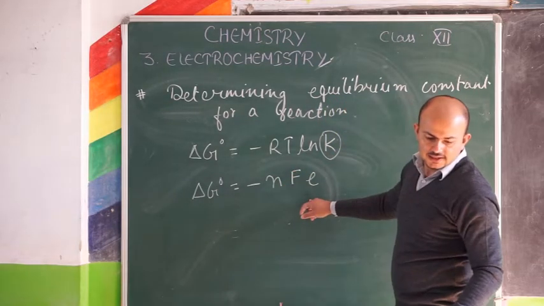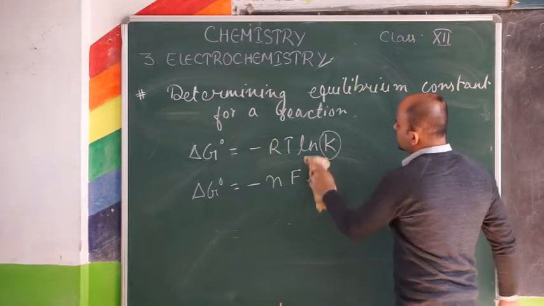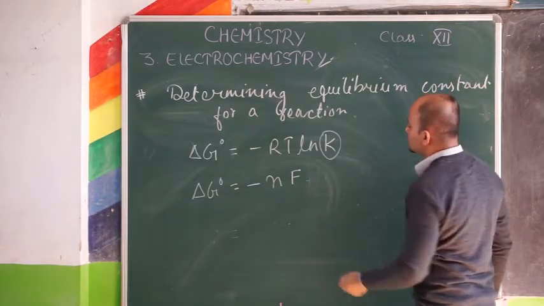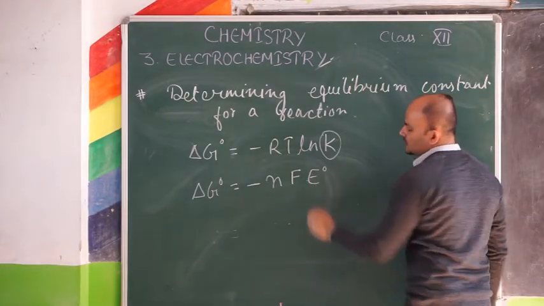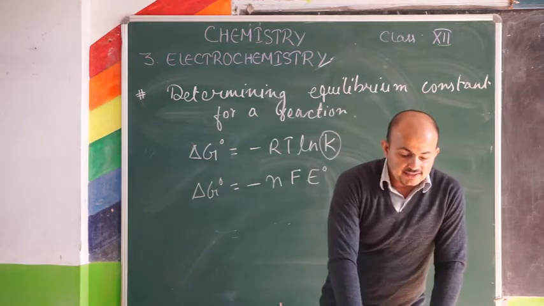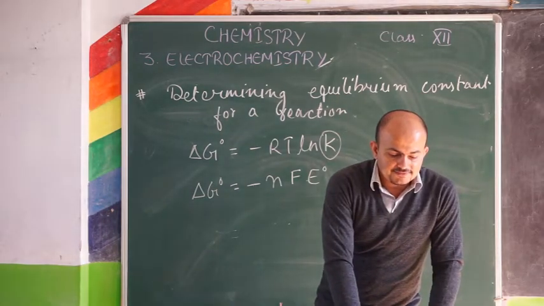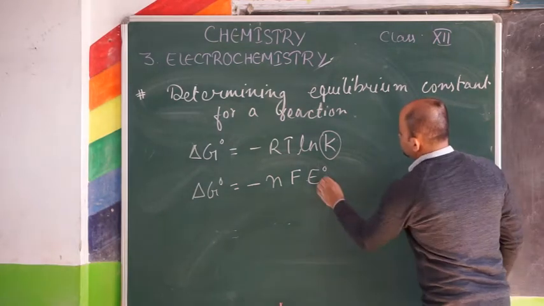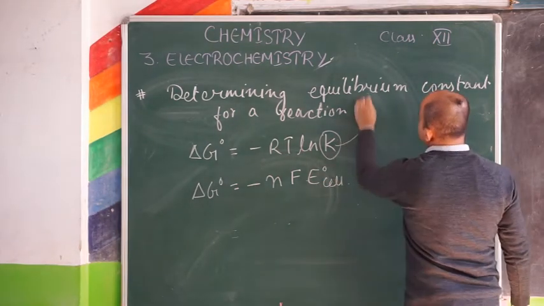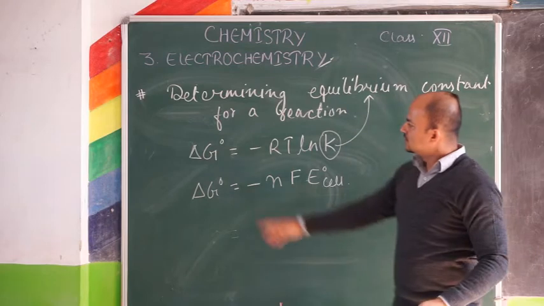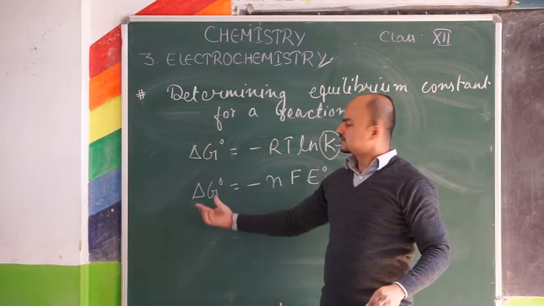This small e has to be replaced with capital E, that is the EMF of the cell, E naught. So minus RT ln K and minus nFE naught cell, and this K is the equilibrium constant. So this gives free energy. This also gives free energy.